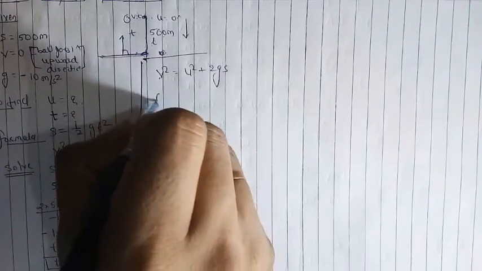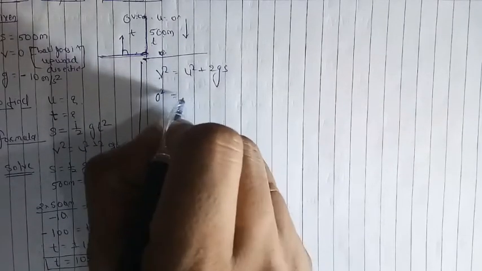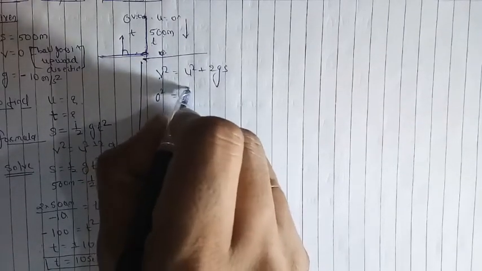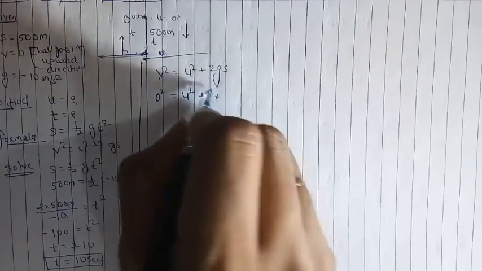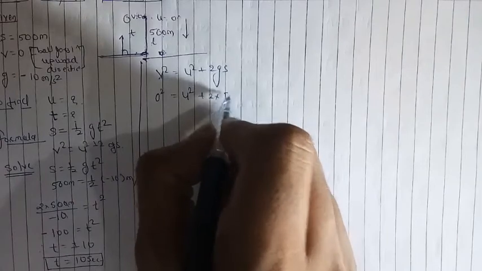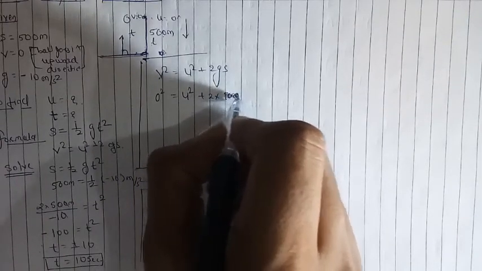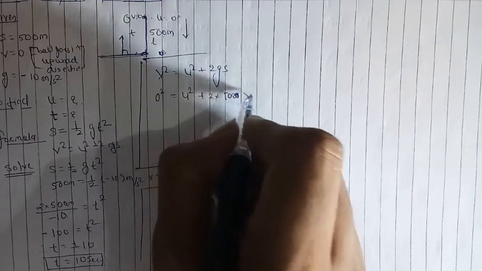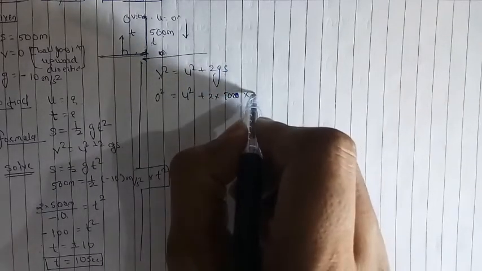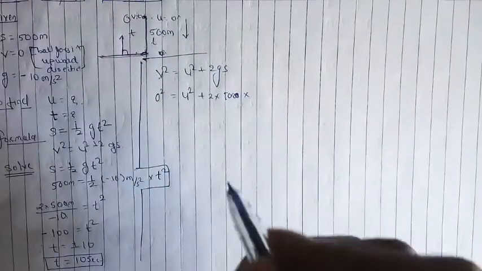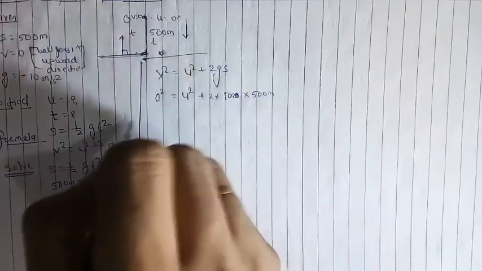So we write square of 0 equals to u square plus 2 into g, which is 10 meter per square second, into s, which is the distance of 500 meter.